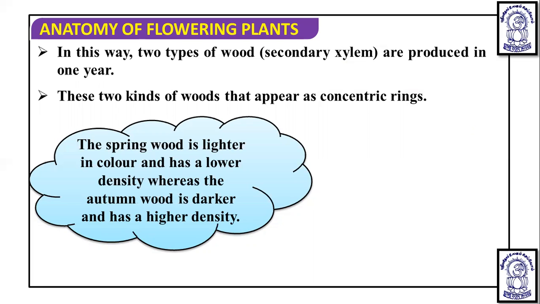Whereas autumn wood has a narrow lumen of xylem vessels, and due to this they appear dense, or darker, because the transporting material is continuously filling and being transported. So autumn wood appears darker with a higher density, whereas spring wood appears lighter with a lower density. This is what is seen in the case of spring wood and autumn wood.